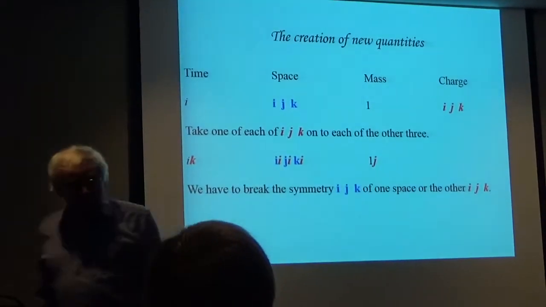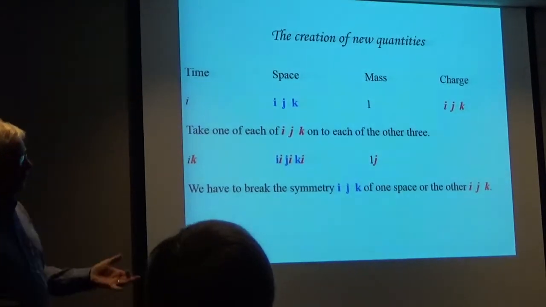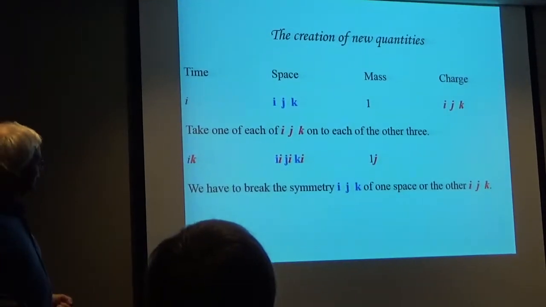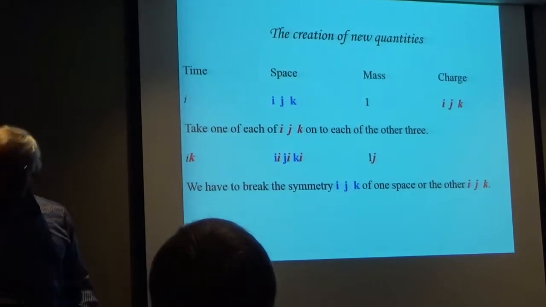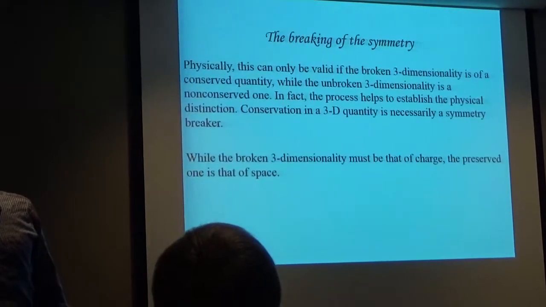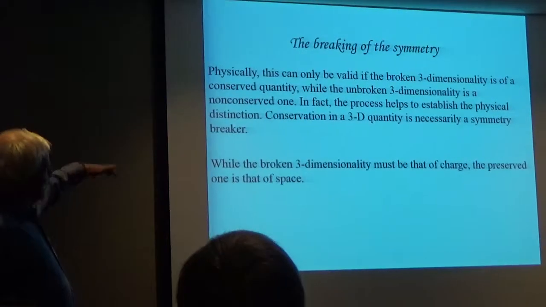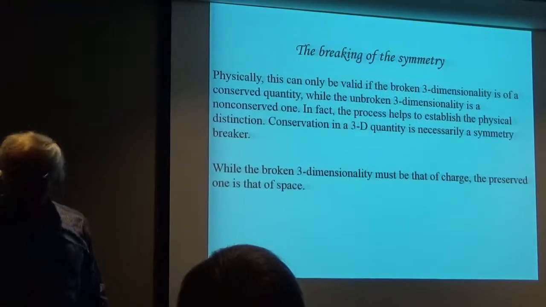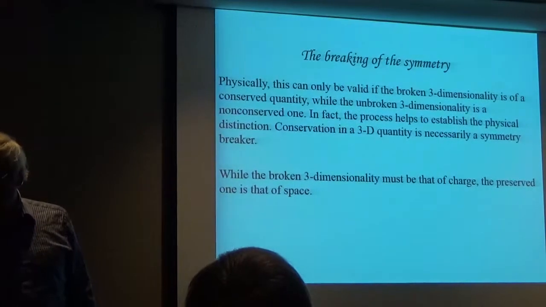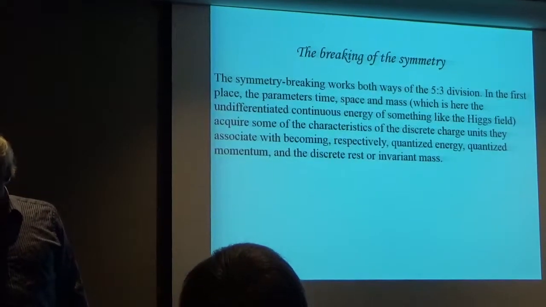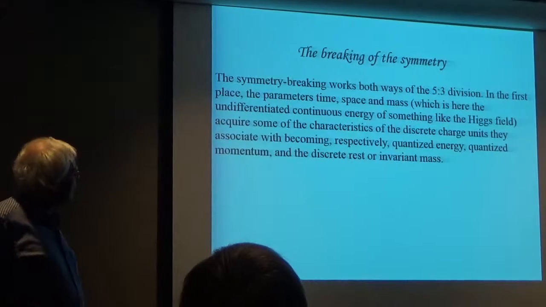And this is why the charges don't behave the same way as each other. We've broken the symmetry of the charges. In fact, that's an argument I don't want to talk about now, but you need a conserved quantity to do that, not a non-conserved one.